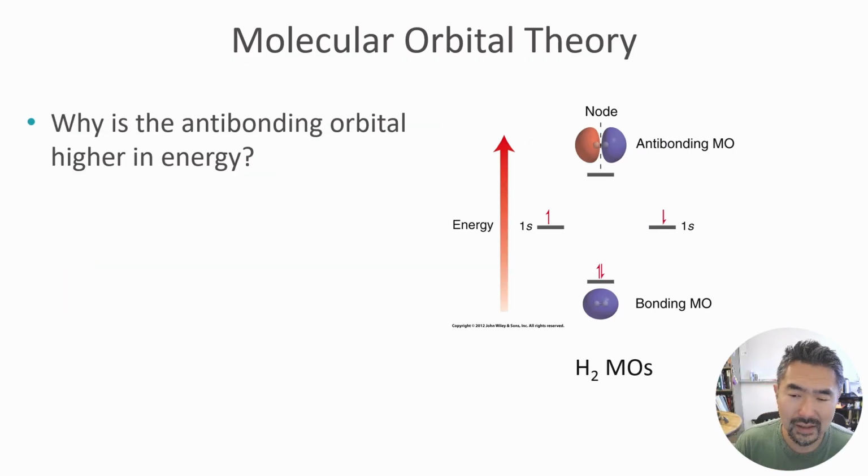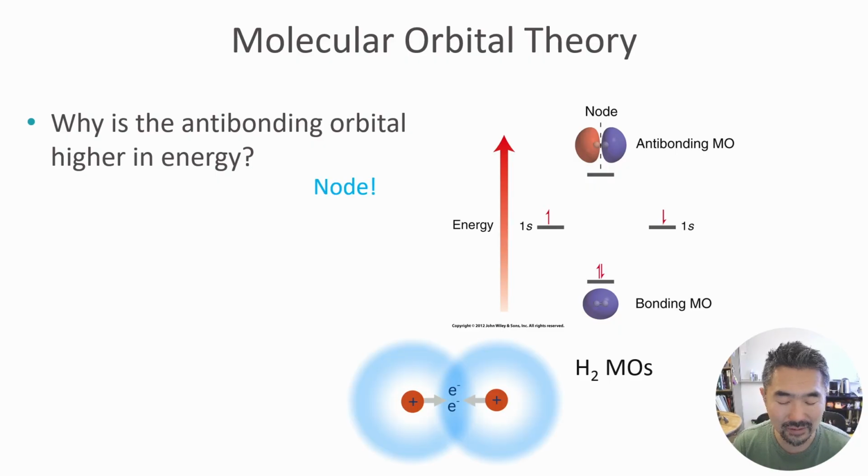Now, why is the anti-bonding molecular orbital high in energy? Well, it's because there's a node. Why does that make it high energy? If you think about it, a covalent bond is kind of weird. Two atoms with positively charged nuclei want to bond together at all, even though those two nuclei should repel each other.